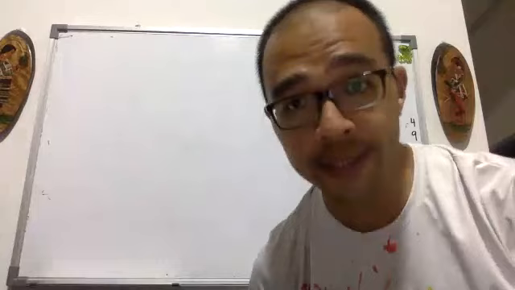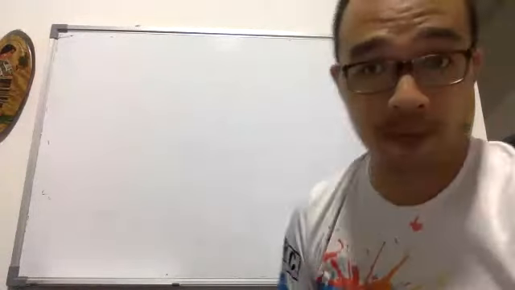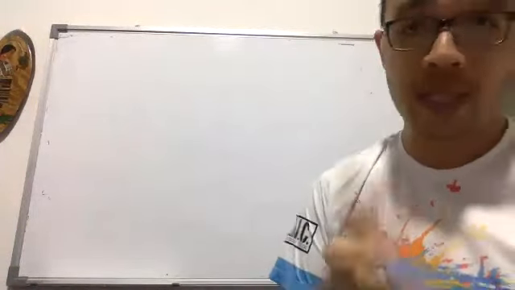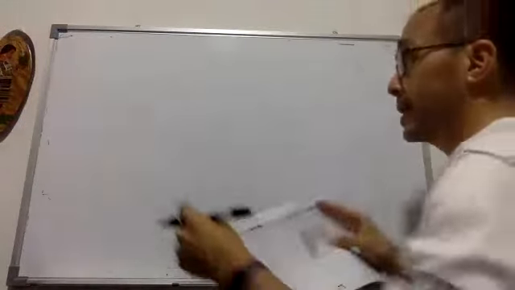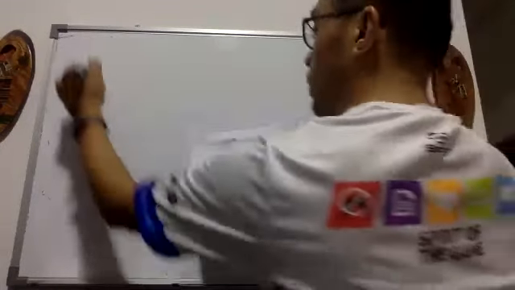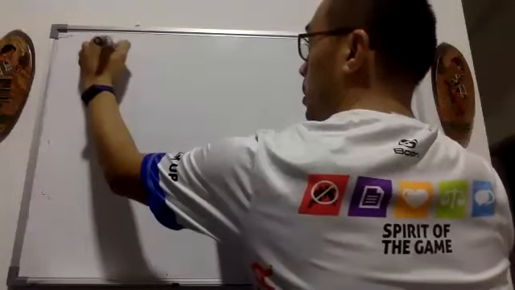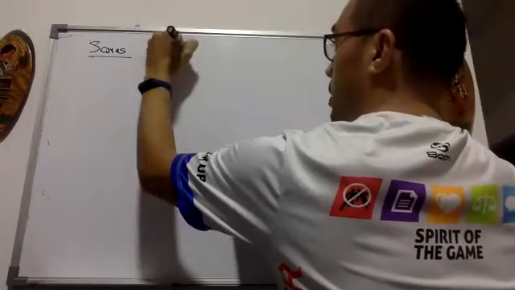What we can do first for question number 9 is build the frequency table first, because the frequency table will help us. We're going to call this scores, and then the frequency.